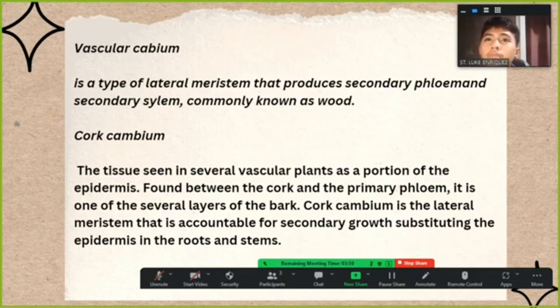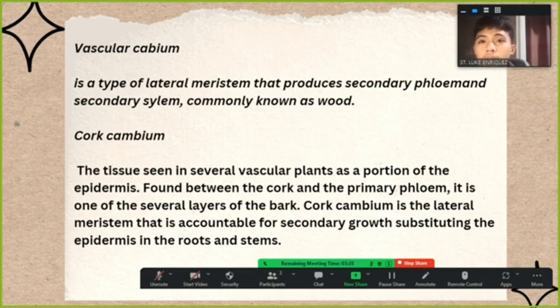Vascular cambium is a type of lateral meristem that produces secondary phloem and secondary xylem, commonly known as wood. The vascular cambium is the main growth tissue in the stems and roots of many plants, specifically in dicots such as buttercups and oak trees, gymnosperms such as pine trees, as well as in certain other vascular plants.